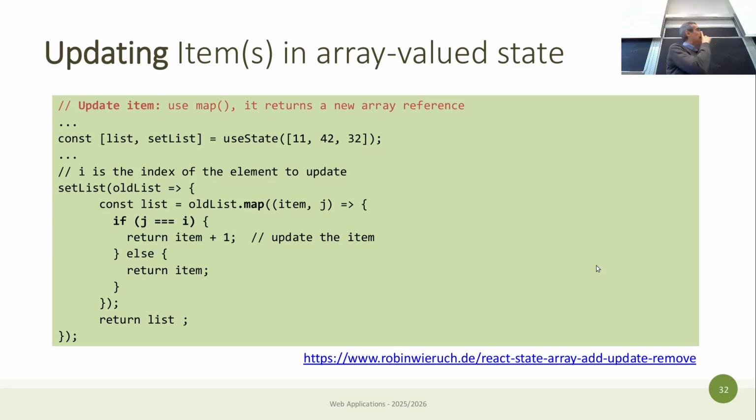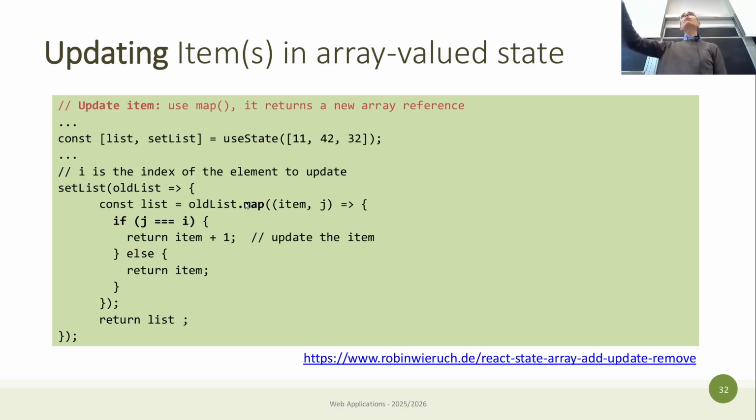Okay, update. Well, you should know which item you want to update, of course. Either the index, the value, something. Because you have a condition to test, while iterating over the array, to check if the item needs to be updated or not. But the point is, we need to return a new array, always. So, map is a very good candidate.